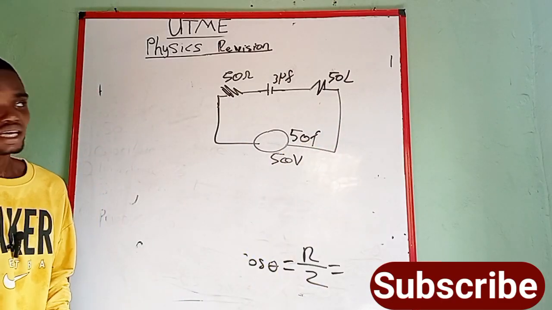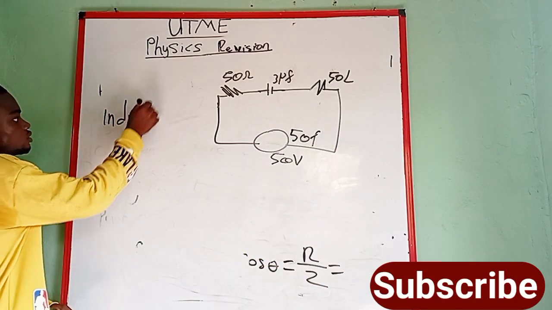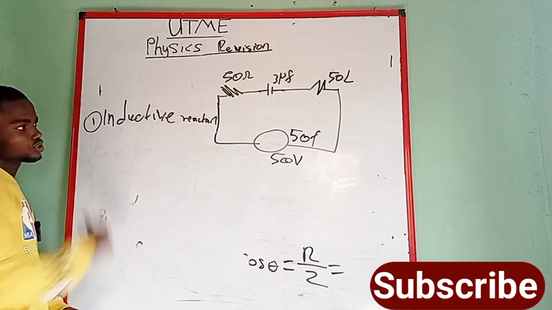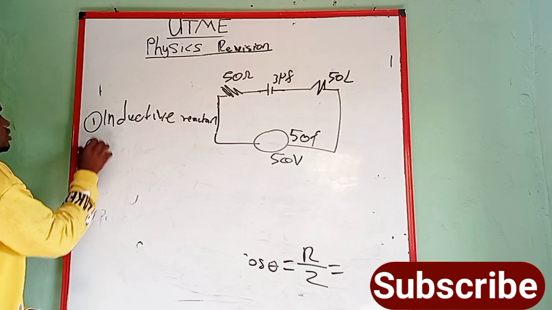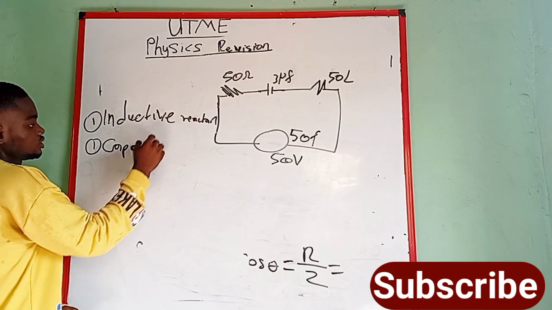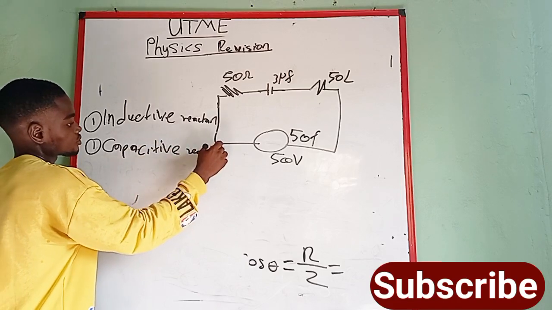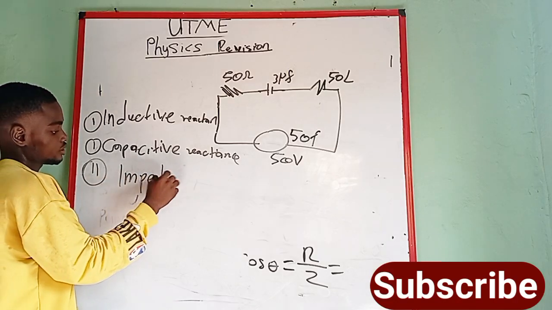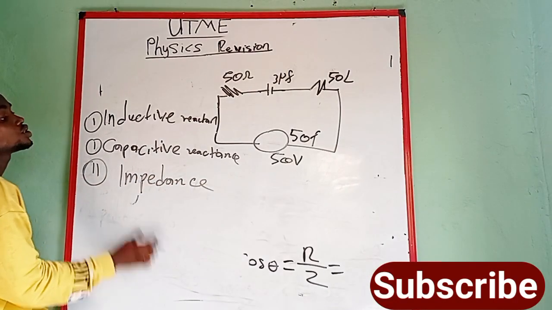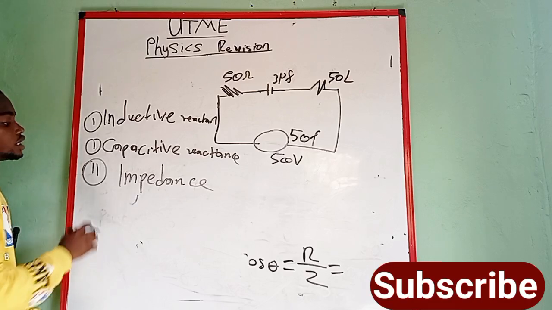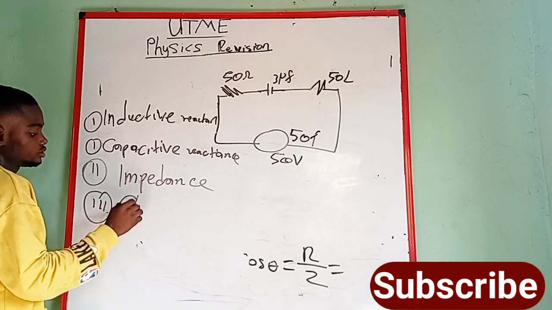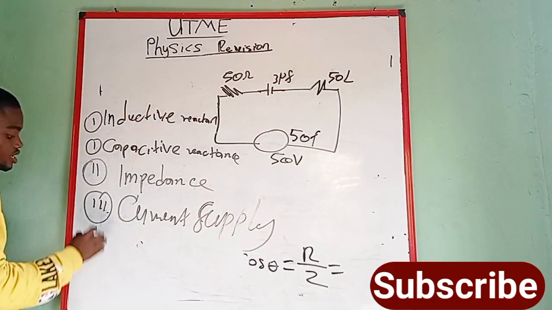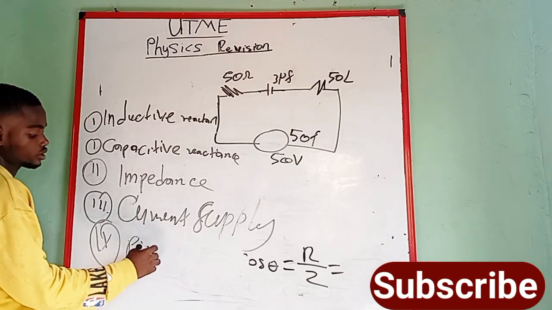I want you to get for me the inductive reactance, the capacitive reactance, the impedance, and the current supply. You can also add the power factor.